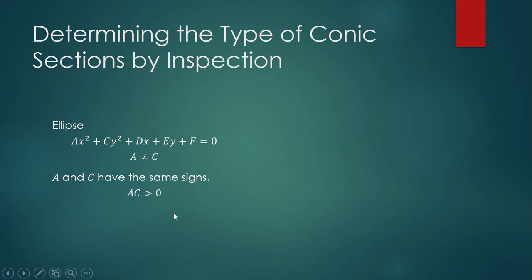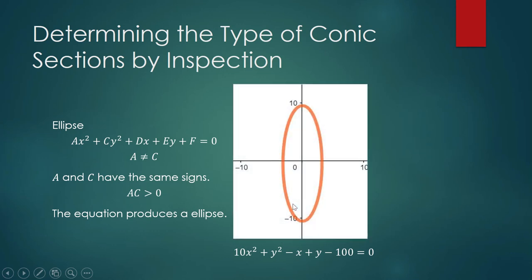If they have the same signs, positive times positive is positive. If A is negative and C is negative, negative times negative is also positive. So in this one, A is equal to 10, C is equal to 1. They are not equal, and both of them carry the same sign. Both of them are positive. So this is the equation of an ellipse.